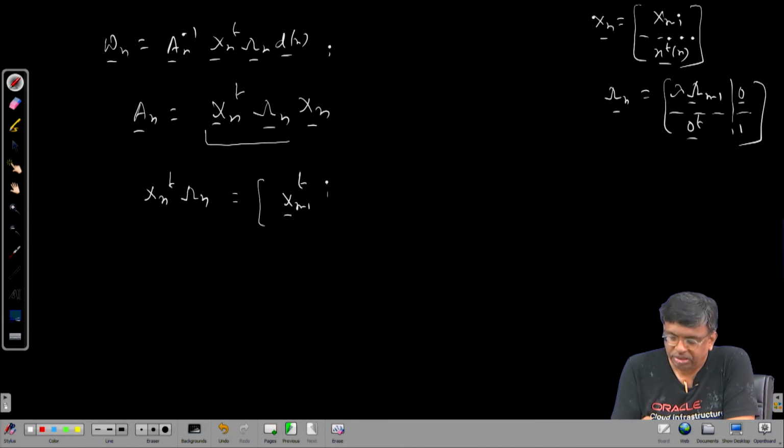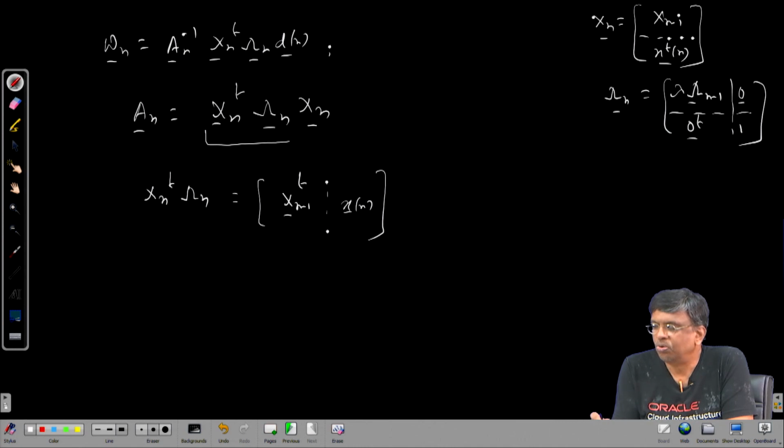And the last row will be the last column. So, x transpose n is a row vector, its transpose will come here. When you make a column of it, you have to take a transpose of that, so that is what x n is. So, this is x n transpose, and delta n I am reproducing here again.